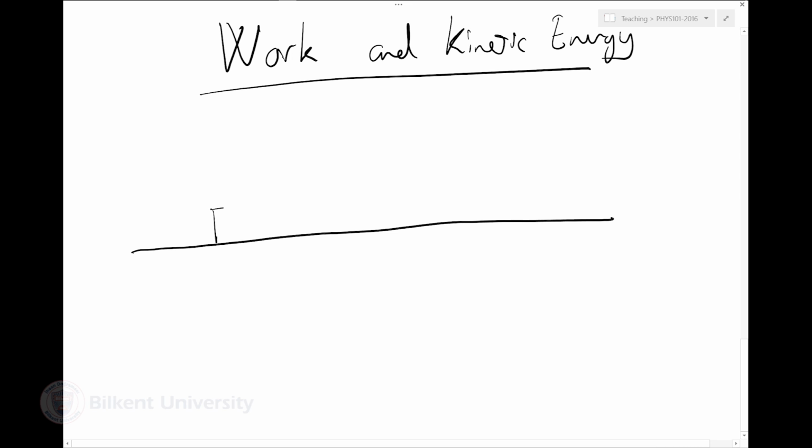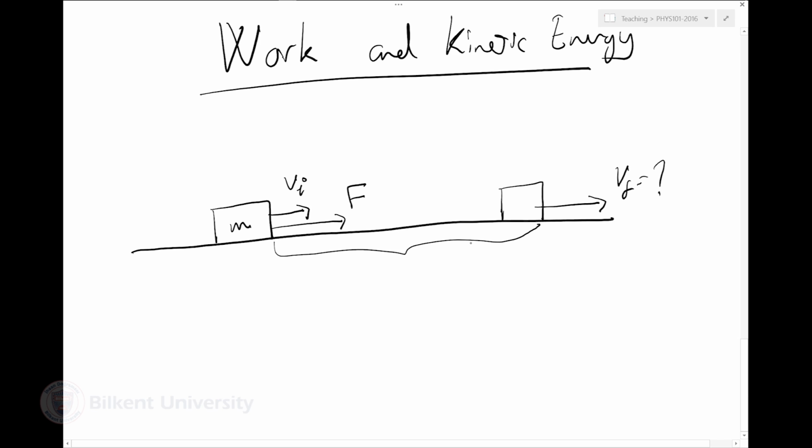I'll say, hey, let me take a mass m with velocity Vi, and let me apply a constant force. And the question is, what's the final velocity of this object if it has moved a distance d?